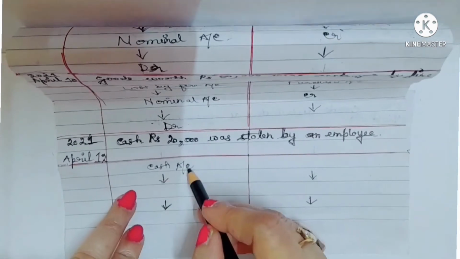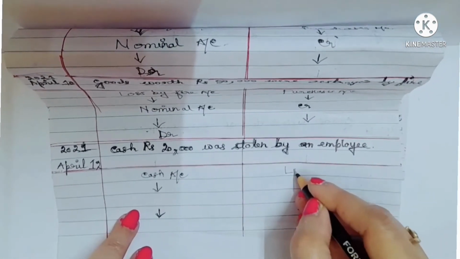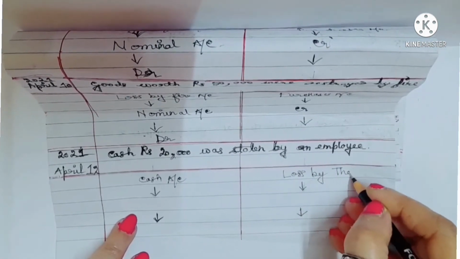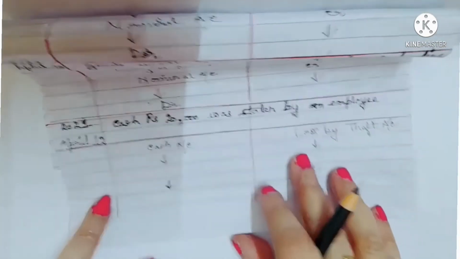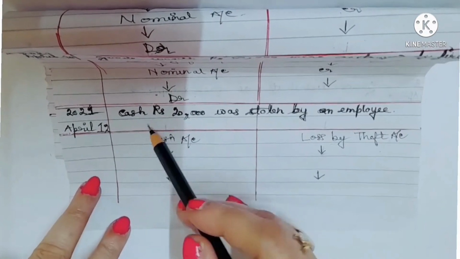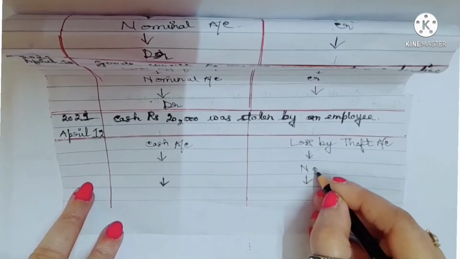One is cash account. The second one is loss by theft account. Theft means stolen. So loss by theft account always falls under nominal account.